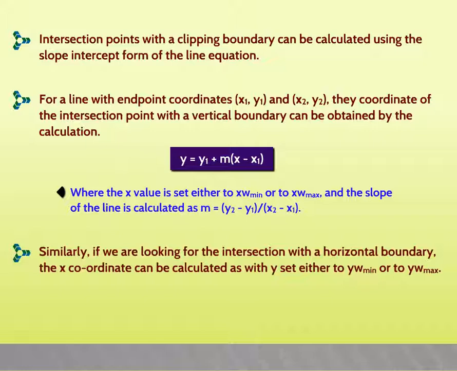Similarly, if we are looking for the intersection with the horizontal boundary, the x coordinate can be calculated with y set either to yw min or to yw max.